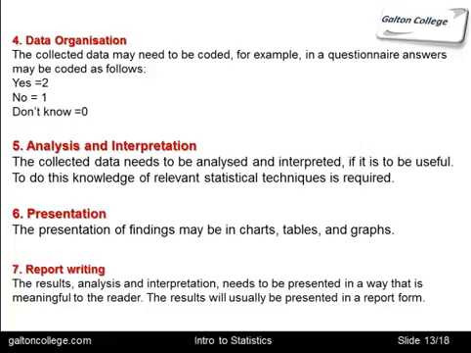This does not mean that we should take averages and work out statistics like that, because if we took an average between what we've got on the screen now, yes equals 2 and no equals 1, and we took two people, one said yes and one said no, and we averaged it, we get 1.5, which would be a pretty meaningless outcome. So by and large, common sense has to kick in, and we don't process the data as if it was proper, in inverted commas, proper numerical data, data which is naturally numerical.